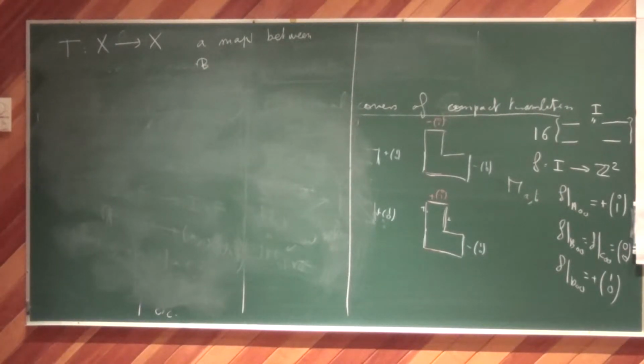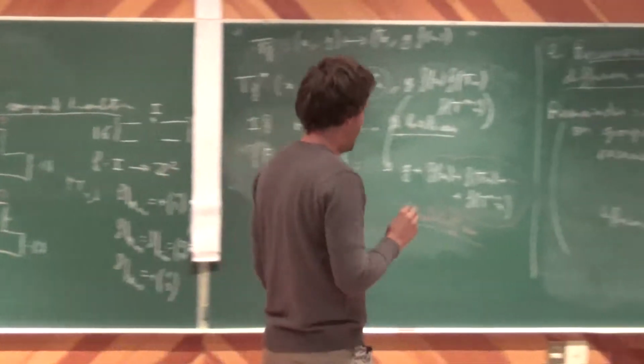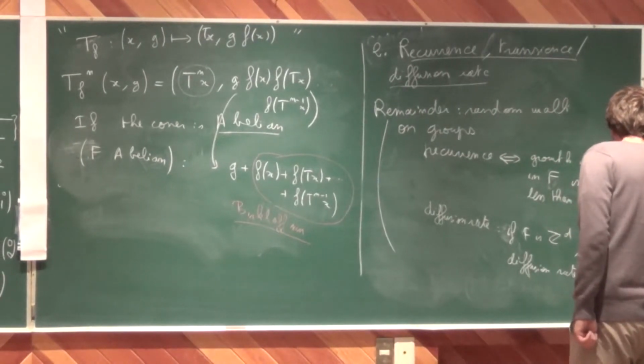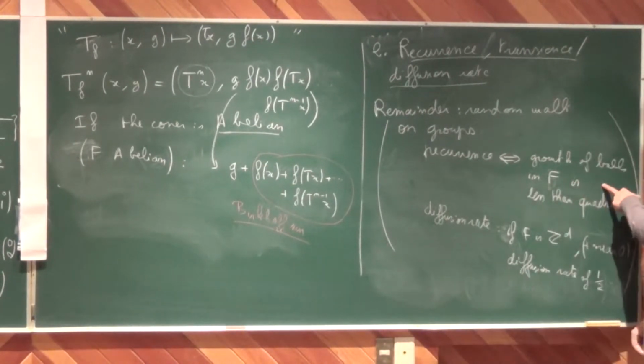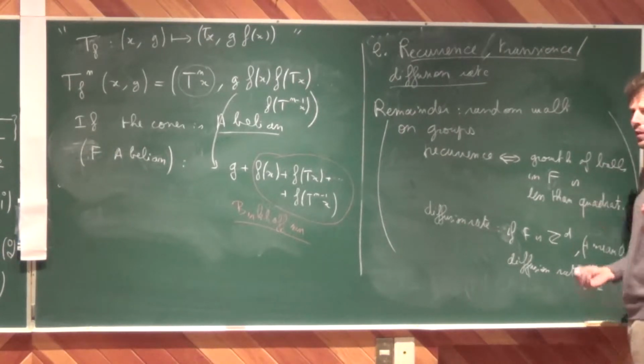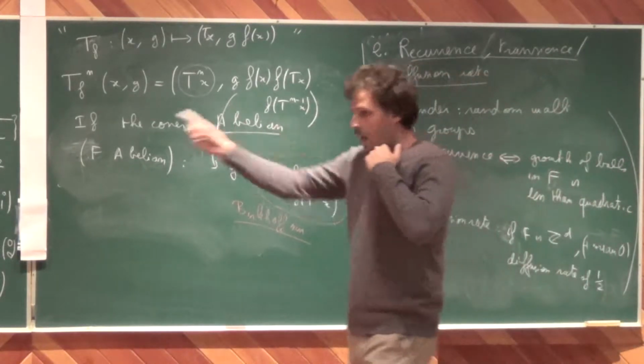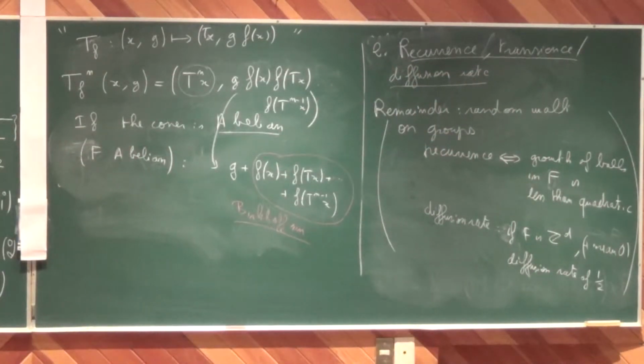Then the balls, what's the metric then? The metric on the Cayley graph. Okay, the growth of balls does not depend on the metric on the Cayley graph. I will speak more about growth of balls later.